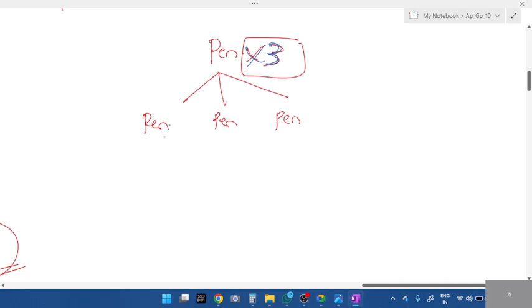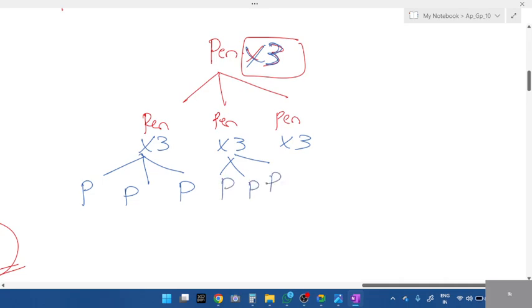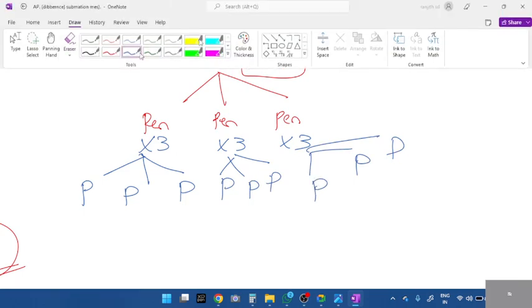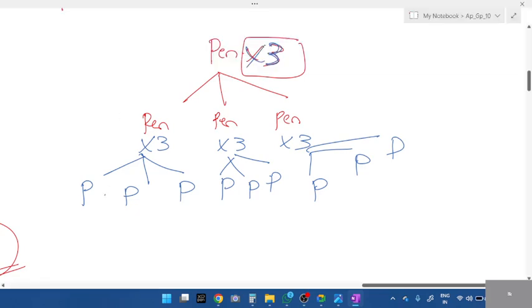Then this 3 will get repeated into 3 pens, into 3 and into 3. So this will split into 3 parts again. Another pen, 3. Here you will have 3. Again here, 3. Then it keeps on repeating. This is the concept of GP, geometric progression.